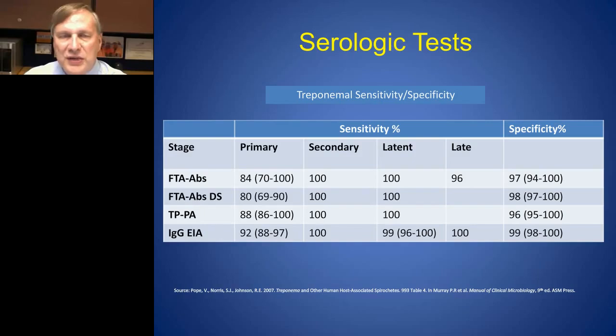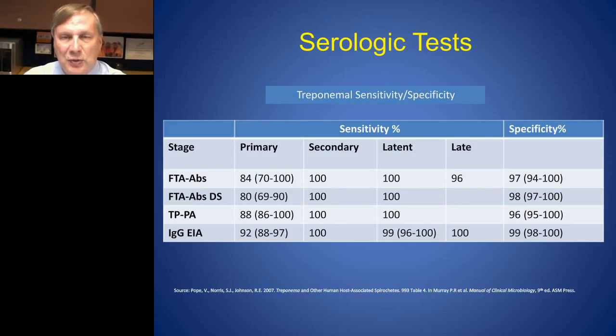The treponemal assays, if we again look at primary syphilis, and from the previous slide, you can see that they're more sensitive in the primary stage. Now, this table was put together a little while ago, and we didn't have many EIAs at that time, and the CLIA isn't even included, but it appears that the EIAs and the CLIA tests are more sensitive than the other treponemal tests currently available in primary syphilis.